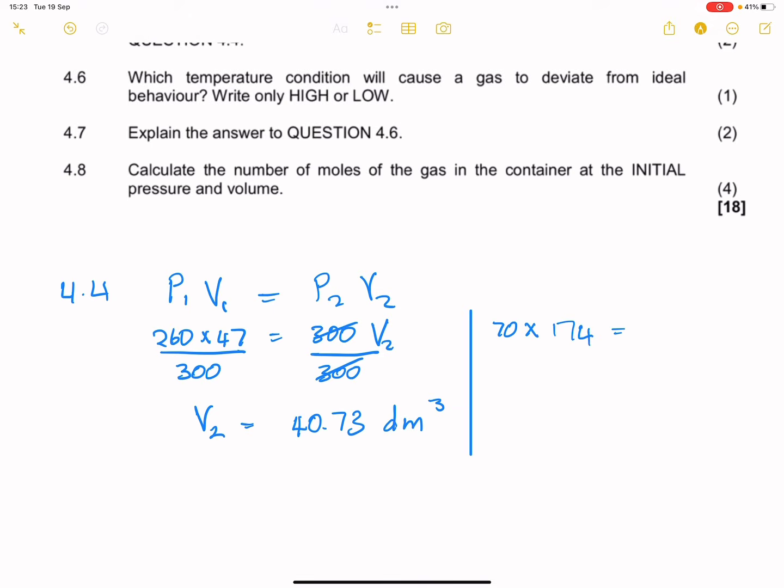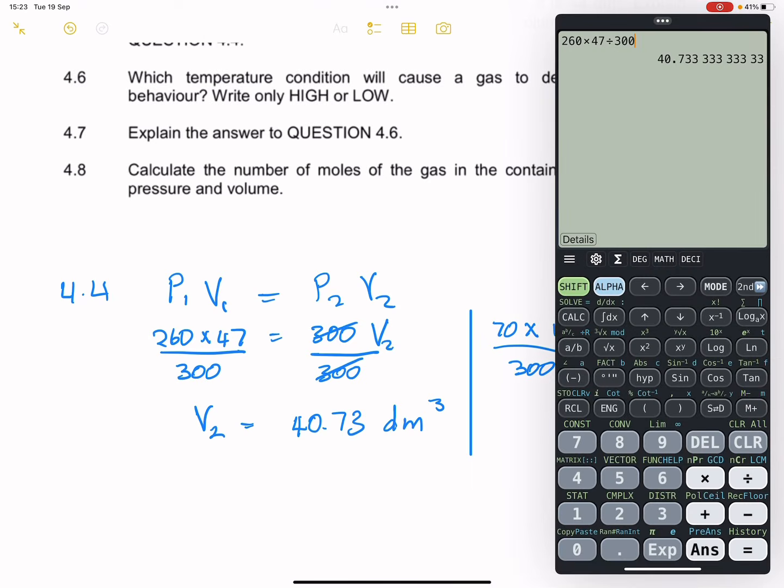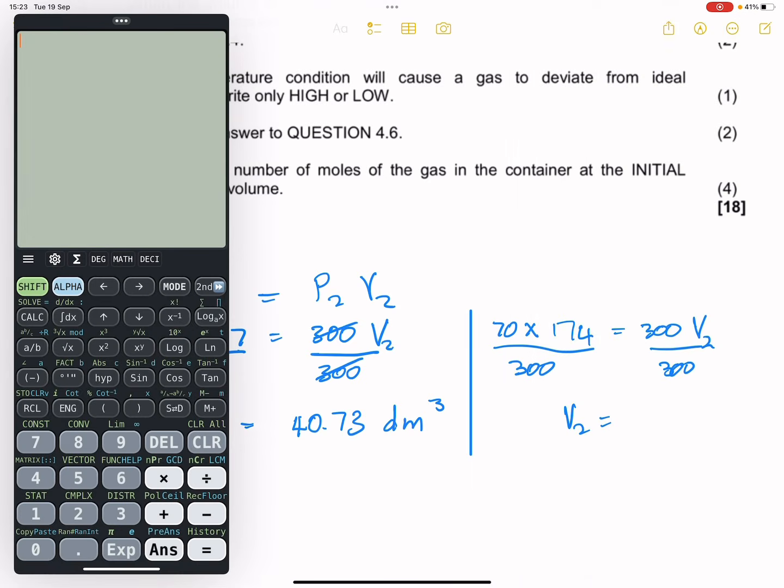And we know that we're looking for the volume when the pressure is 300, because I'm thinking of 300. You can divide by 300 there and check that volume. It wouldn't be exactly the same, right? But approximately it would be more or less the same value.